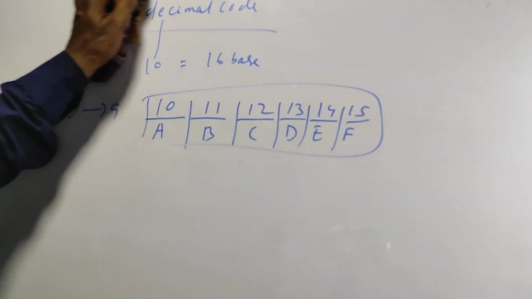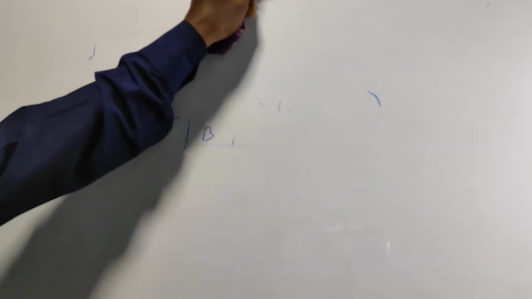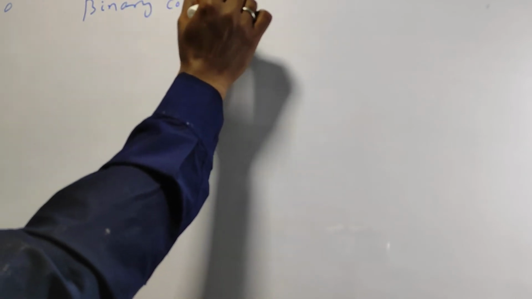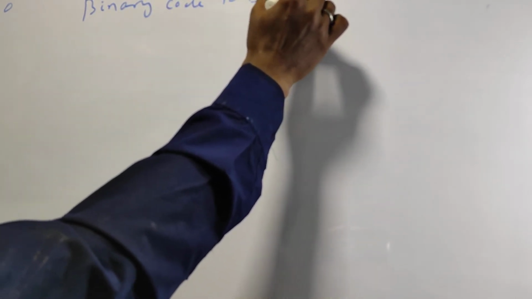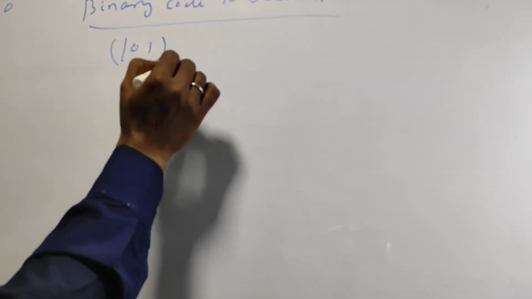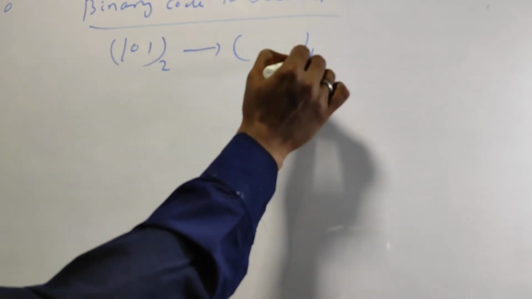Okay. Then I have to study about the conversion. Binary code to decimal code. 101.